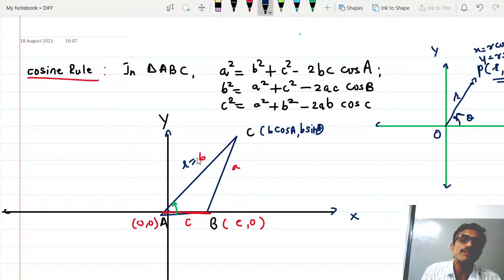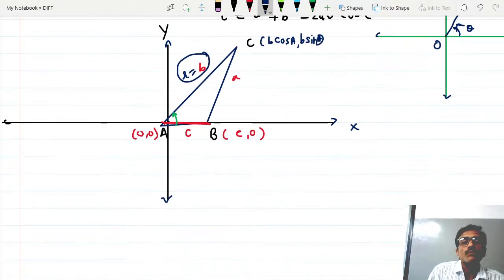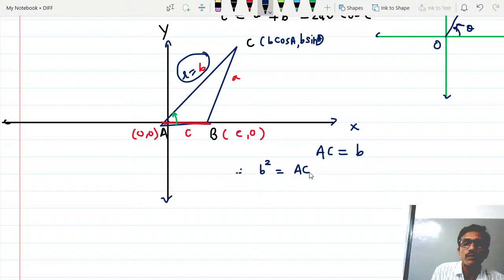What is this distance AC? Distance AC is equal to B. Therefore B square is equal to AC square.